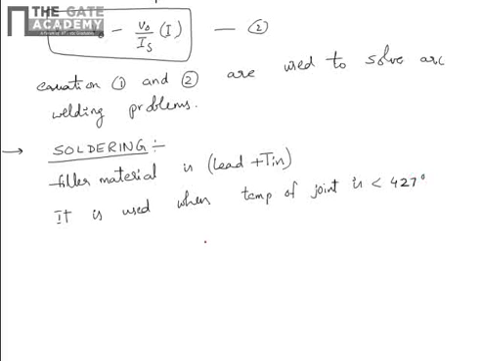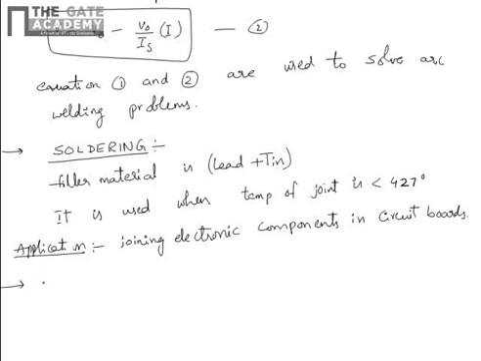If it is more than 427, the tin in the filler material evaporates, so the compound won't form and the joint won't form. Application: joining electronic components in circuit boards.